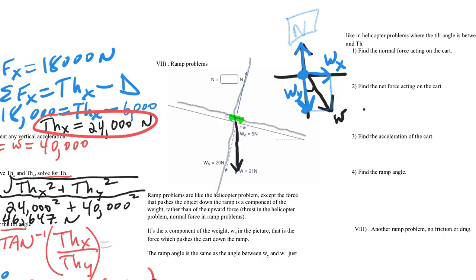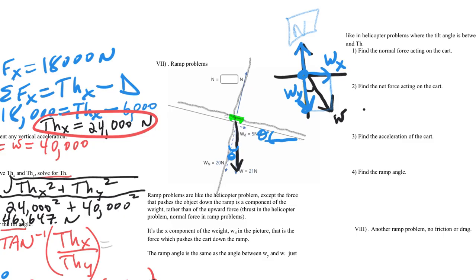Now, again, see this angle right here, the ramp angle? That's going to be the same as the angle between the y-axis and the weight. Just like it was before, the tilt angle is the same as the angle between the y-axis and the tilted force. But the tilted force is not the normal force, the lift force, it's the weight.